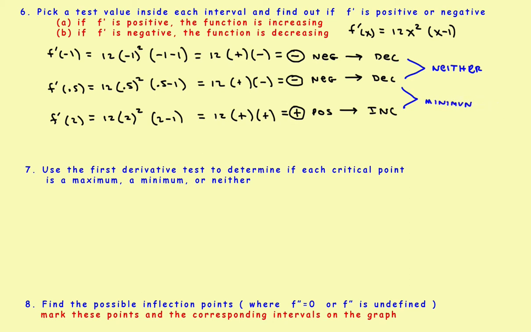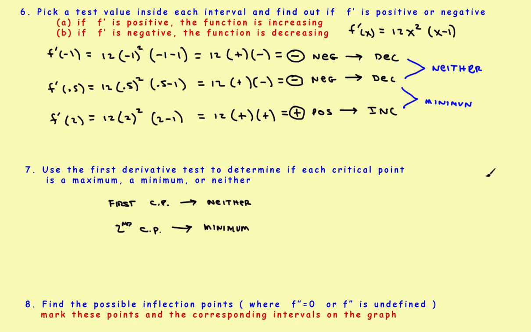So what this tells you is that the first CP, first critical point, is neither, not a maximum or a minimum. Then you know that the second critical point, because it went from decreasing to increasing, has to be a minimum.